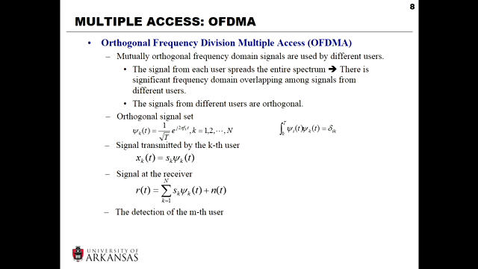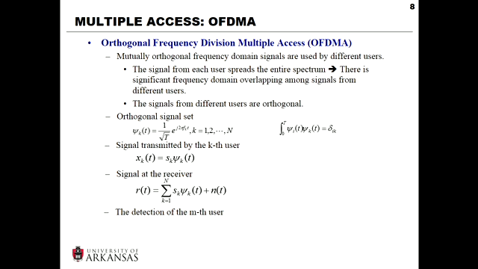So now let's look at OFDMA, okay? So for OFDMA, we are using mutually orthogonal frequency domain signals for different users. As I said, as long as the signals from different users are orthogonal, then we are fine, okay? So for each user, we assign a particular frequency, but instead of using a square waveform, we are using something else, okay?